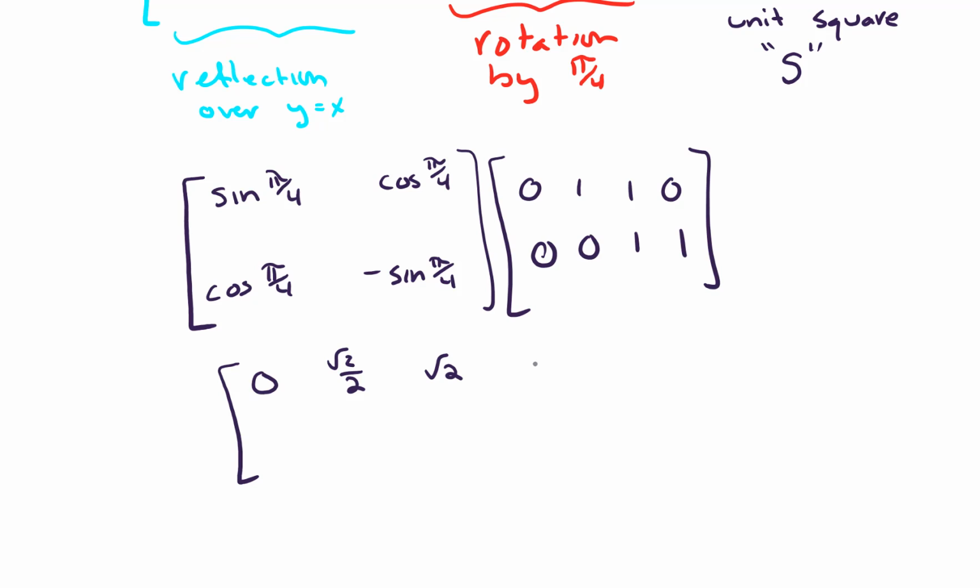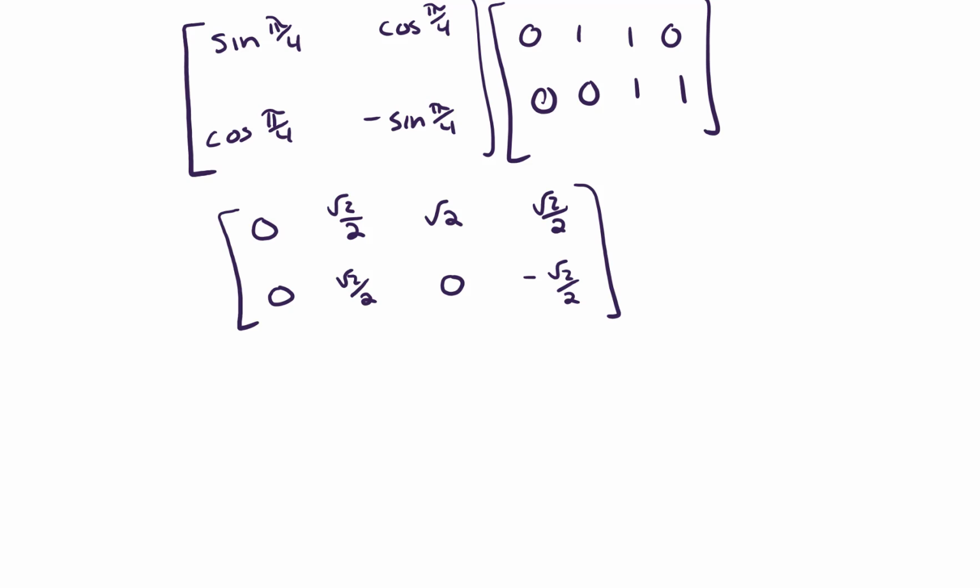And lastly, I get a root 2 over 2. For the second row, we get a 0, a root 2 over 2, a 0, and a negative root 2 over 2. So what does this tell us? That tells us that the new vertices will be given by these columns.